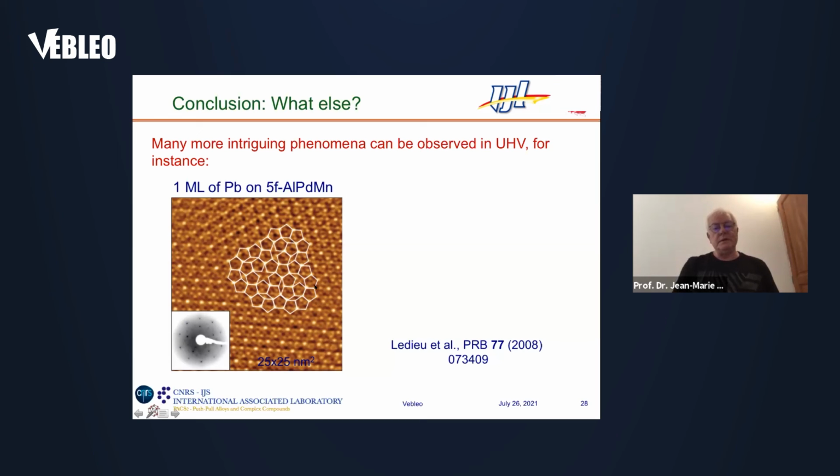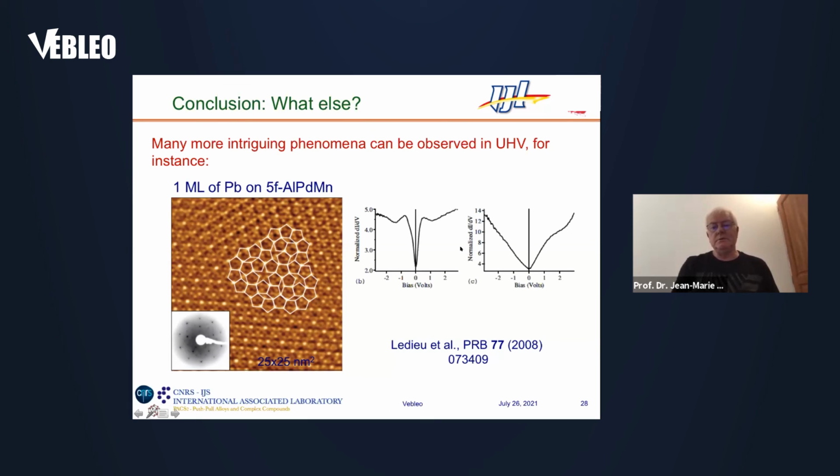Again, you recognize the Penrose tiling, which I've shown at the beginning. And when you do this, you create almost a real gap at the surface. So lead is becoming a superconductor when it abandons the classical periodicity to form a quasi-periodic layer.